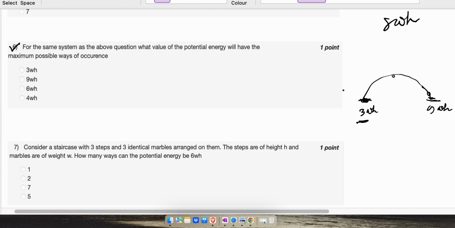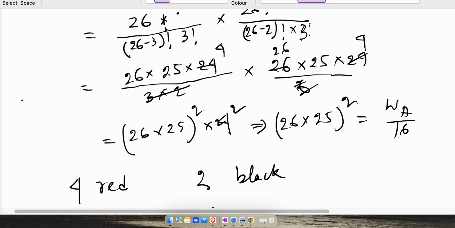If the entropy has a maximum, it may lie between these two. Since entropy is ln of the number of microstates, if the microstate count is 1 then the entropy is 0 here, and for 9 omega h it is also only 1 possible, so it is also 0 here. So it may be in between: not 9 omega h, so it may be 6 or 4. Let us check which of 6 and 4 is maximal, then we are done.